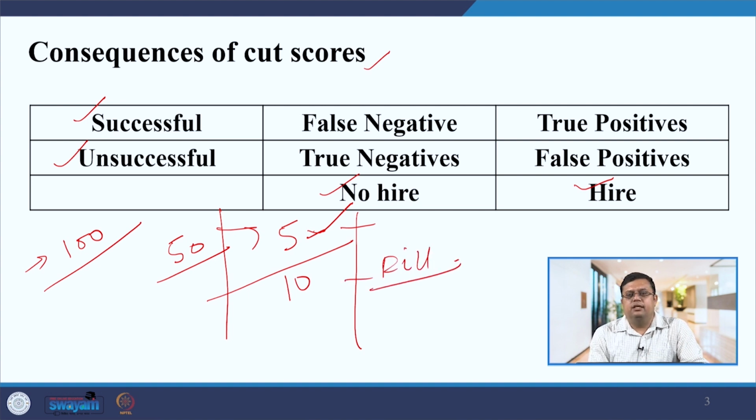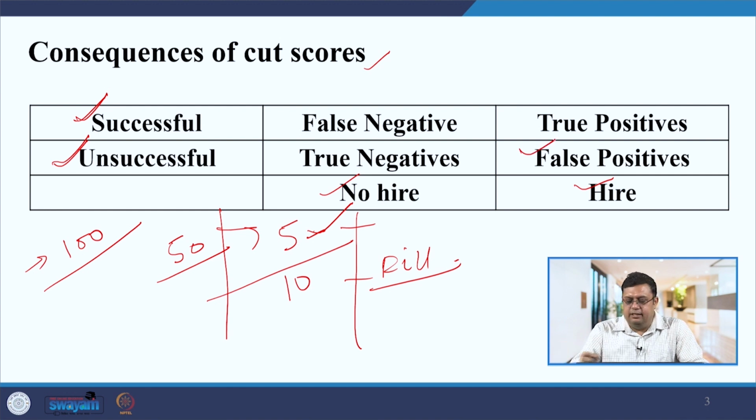So, if we reduce the cutoff score, then what will happen? It will go down, right. Currently the candidates are unsuccessful, but the moment we reduce it, they will become successful and qualify, but they will come under the false positive.